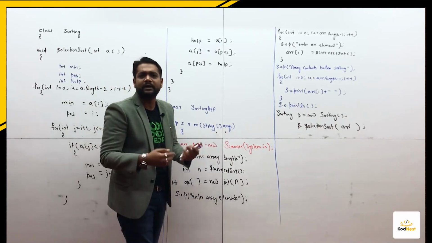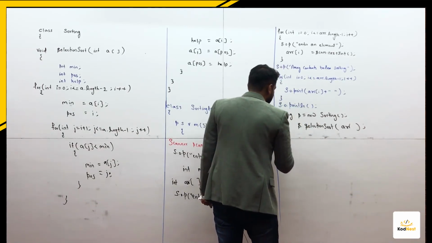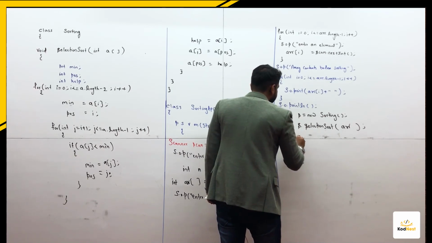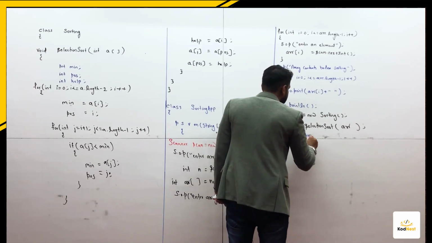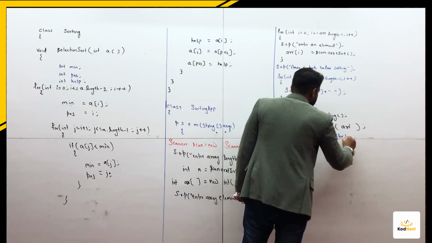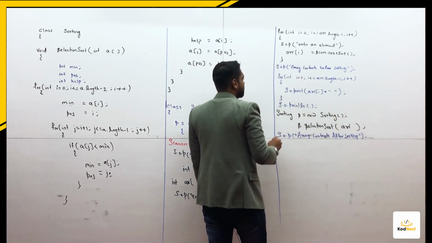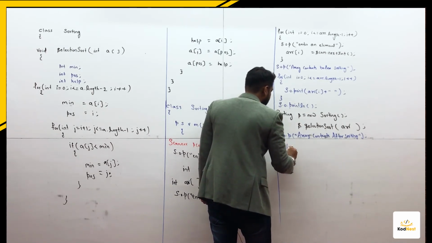After sorting I have to print it. Okay sir, how to print? Like this. Watch it. System.out.println "array contents after sorting." After sorting, how will it look? Like this it would look.